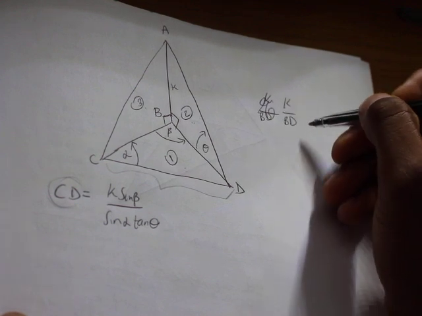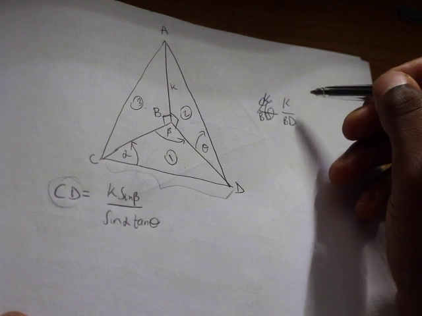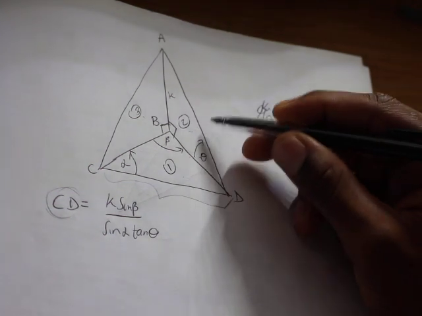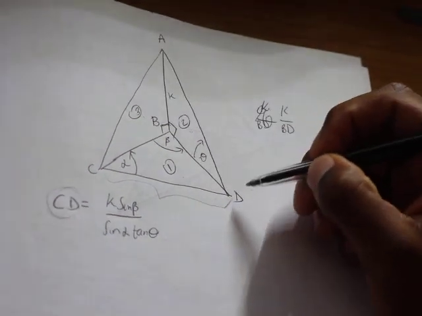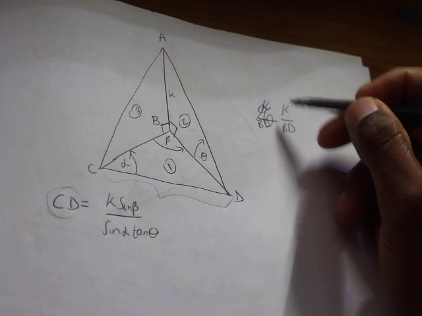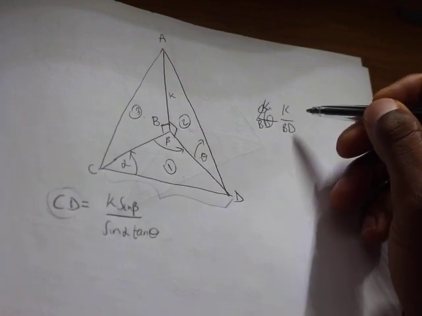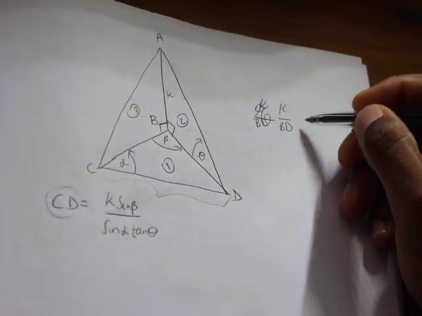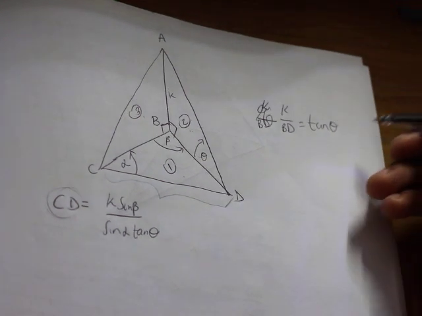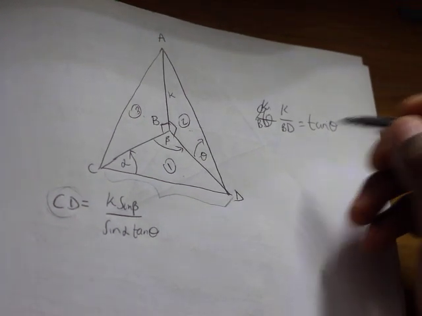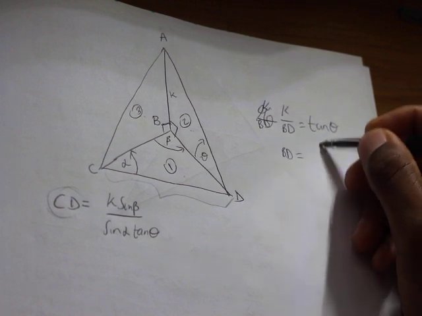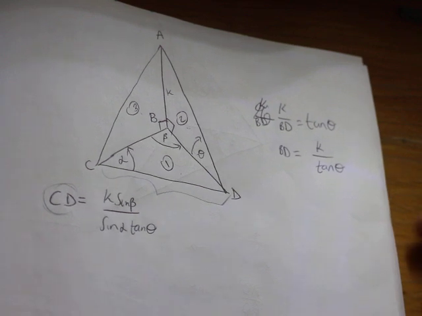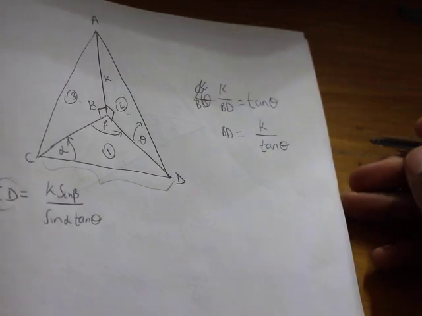Remember, you always need to involve the side which is the link. Remember, triangle 1 and 2 are linked by what? They are linked by BD. So that's why I've got BD here. So K over BD, that's just opposite over adjacent, and that's equal to the tangent of theta. So meaning that BD is simply K over the tangent of theta.